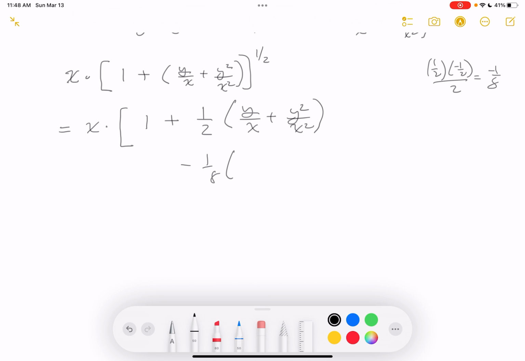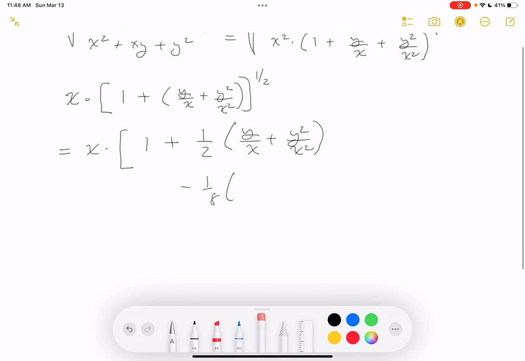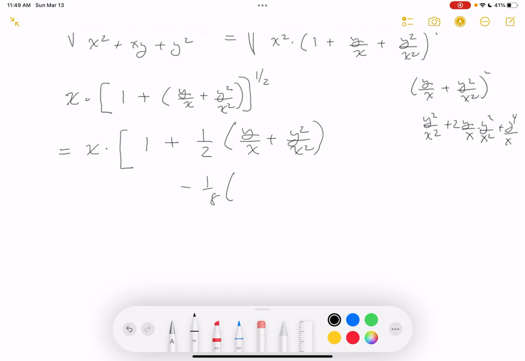And then I got to square. Let me get my eraser out. I'm going to erase this business over here. And I got to square somebody, right? So I got to square this guy over here, just like my side work. Well, that's not too bad to do. That's going to be y squared over x squared, plus 2 y over x times y squared over x squared, plus y to the 4 over x to the 4.